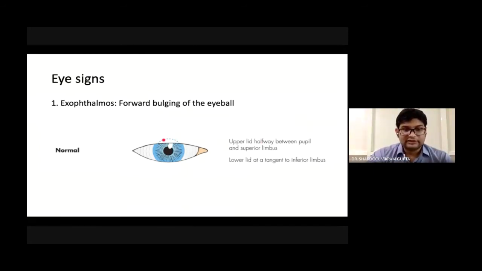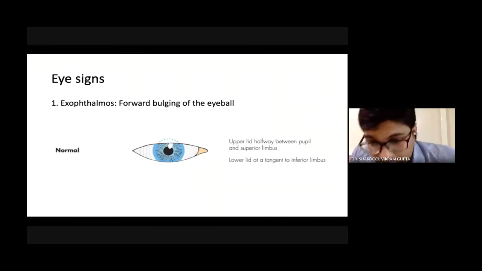You will see that the superior eyelid is located halfway between the pupil and the superior limbus, and the inferior eyelid is just at the tangent of the inferior limbus. You guys do this exercise. I'll wait for one or two minutes. Ask any of your family members or whoever is available and look at their eyes in a normal relaxed position when they are looking in front.